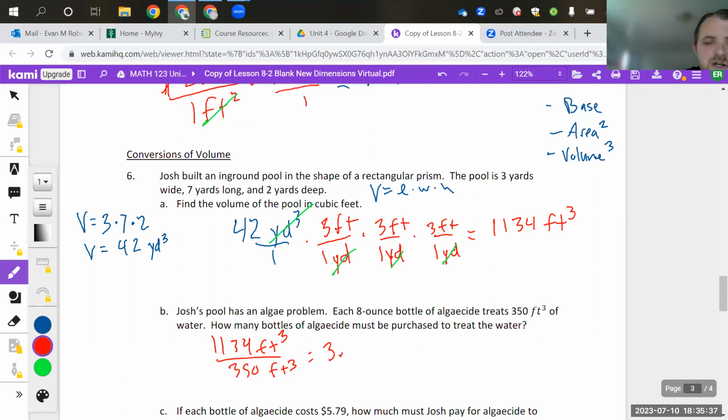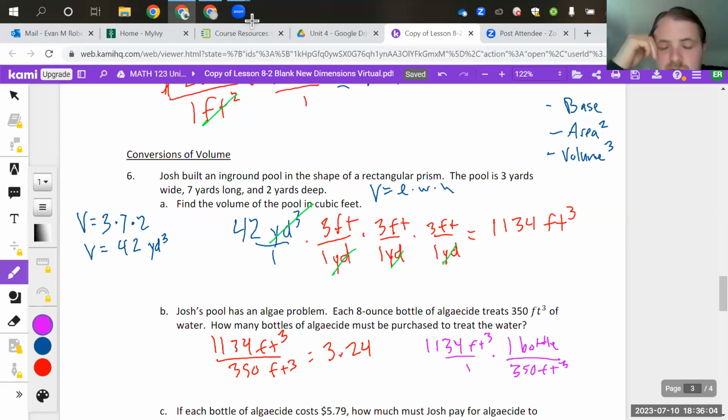So a lot of times people struggle here. Really, if I wanted to do the work, I could have done, if I do a new color, 1134 times 1 bottle per 350 feet to the third power.